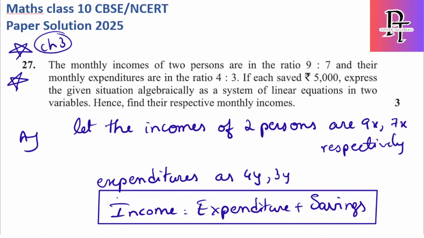That's the simple equation: income is always equal to expenditure plus savings. Here they say each saved 5,000, so both the savings are equal, 5,000. Now let's write the equations.